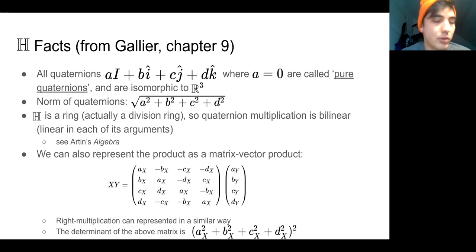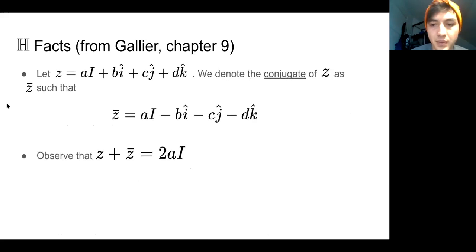Right multiplication can be represented in a really similar way by inverting some of the elements in this matrix. Something really important to note is that the determinant of this matrix is (a squared plus b squared plus c squared plus d squared) squared, which we will be using in the proof.